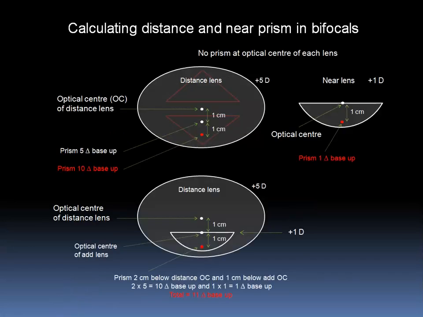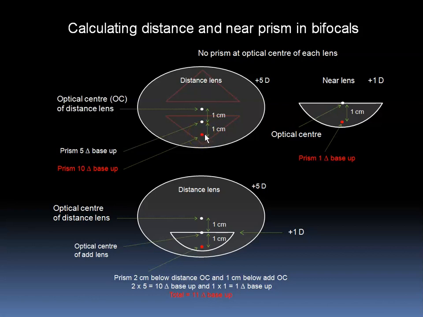We calculate the distance and near prism effect in the bifocals separately and then add them together to get the total effect. In this case, we have a distance lens of 5 diopters, and the person is going to be reading by looking through a position of the lens that is 2 centimeters below the optical center.